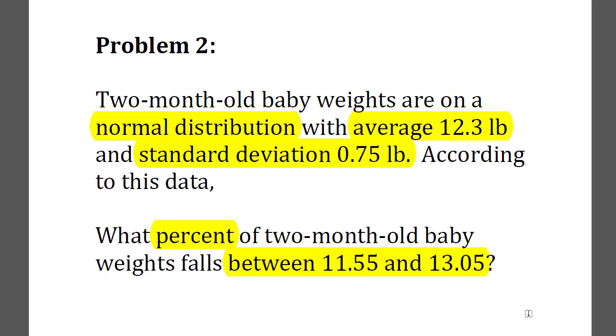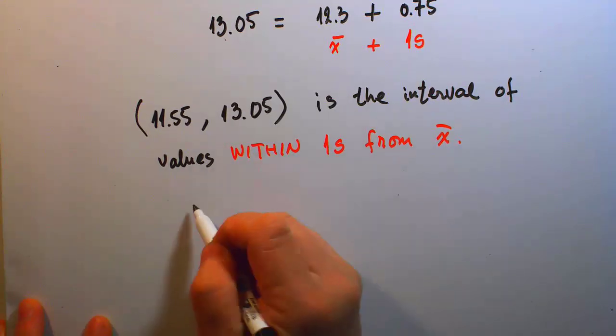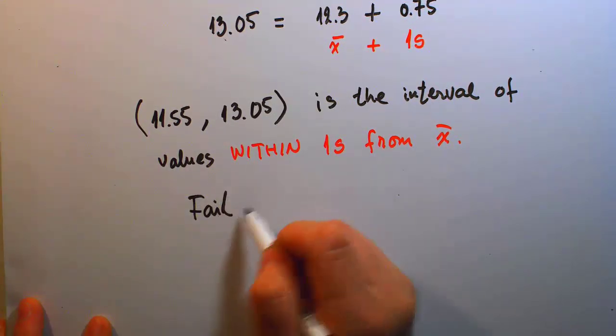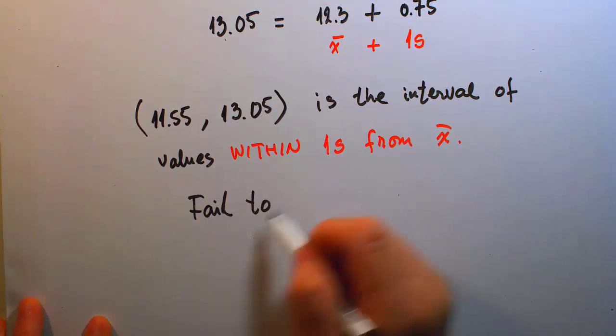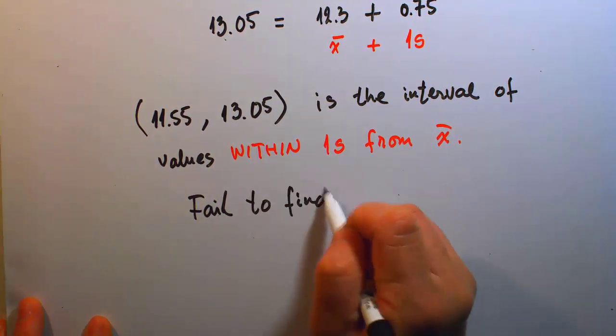We haven't found that answer. If we attempt to carry out work similar to problem 1, it's going to be a failure this time. We are going to fail to find the answer.